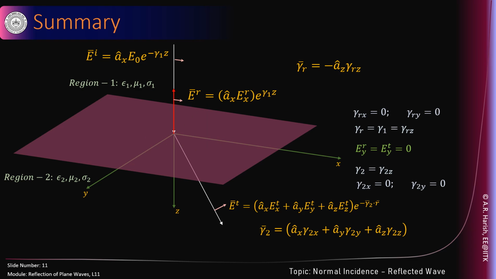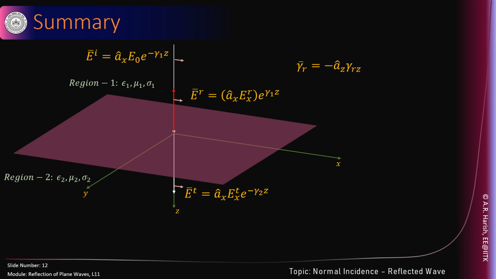What we have is a reflected wave which is x polarized, and the transmitted wave also x polarized, the reflected wave propagating along the minus z direction and the transmitted wave in the plus z direction, with a propagation constant of gamma 1 for the reflected wave and gamma 2 for the transmitted wave. We also derived an equation for the transmission coefficient.